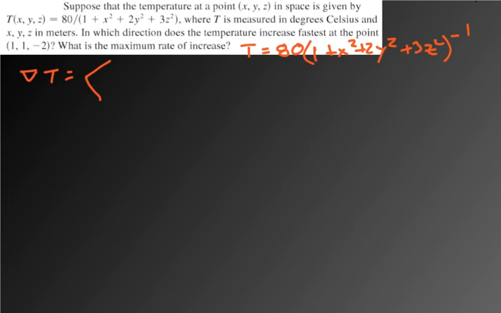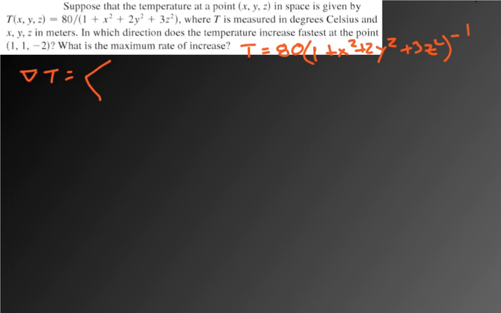You can just do a chain rule. You'll drop that -1 to a -2 and multiply by the derivative of the inside for whatever x, y, or z you're working with.